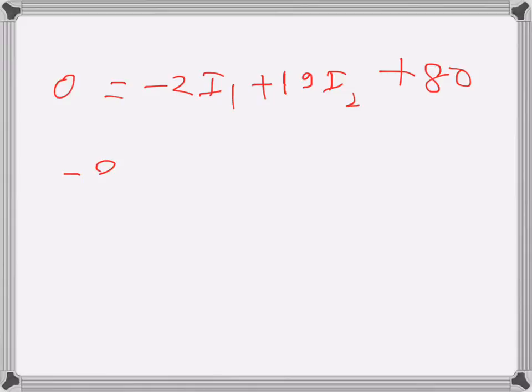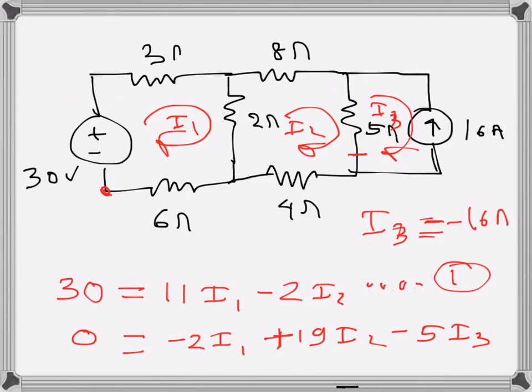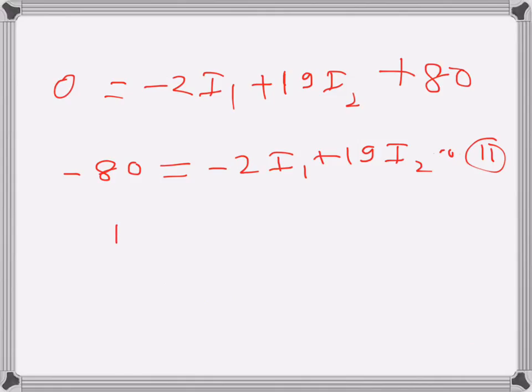So the equation becomes minus 80 equals minus 2 I1 plus 19 I2. So that is equation 2. We have 2 equations. What I will do is multiply equation 1 by 2 and then add it to equation 2 multiplied by 11. I'm just trying to get rid of the I1 terms.